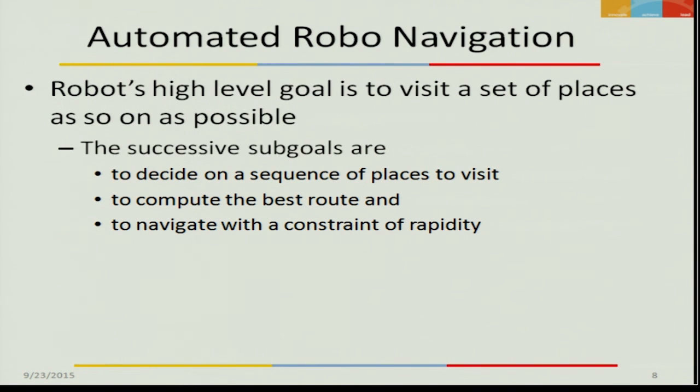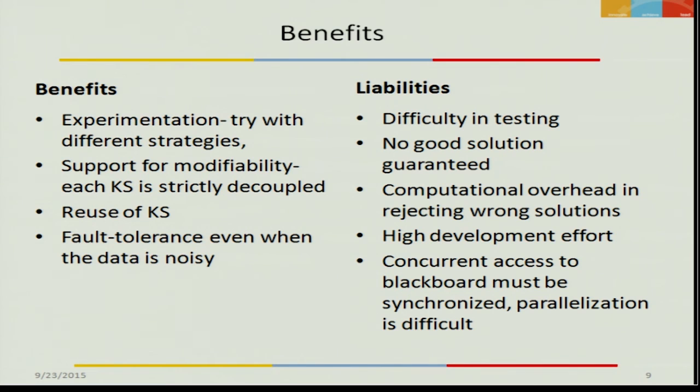So there are of course benefits and there are of course liabilities. Benefits are, it is definitely useful for scenarios where the solution is really not known and highly dynamic. One needs to try different strategies. It certainly supports modifiability. Each knowledge source is strictly decoupled, so you could replace one with another. Reuse of KS is certainly possible here.